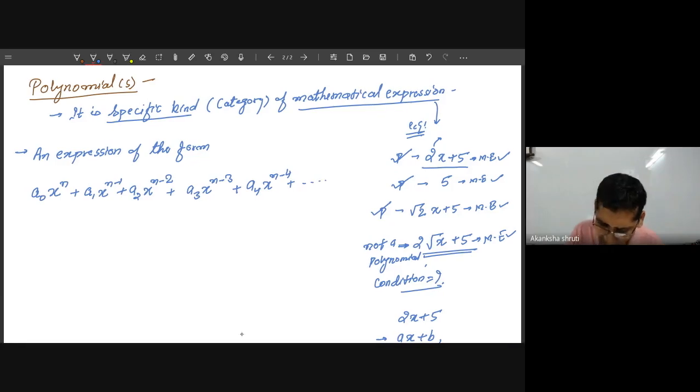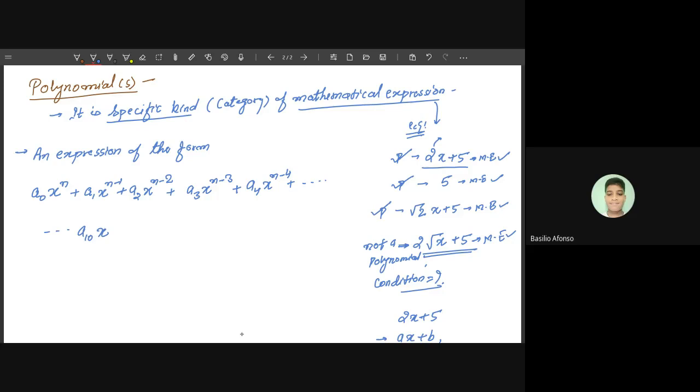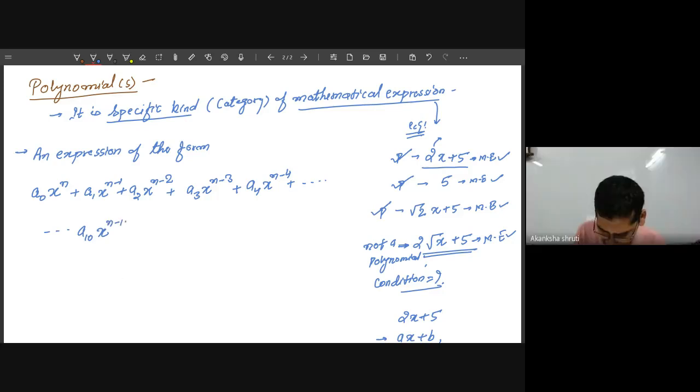Okay, a student, if I am going to take any, say a10, what will be the power for x? a10 x to the power n minus 10. Okay, a student, now I am going to take any ar. So r is any number, maybe 120 or any number. What will be the power for this x?